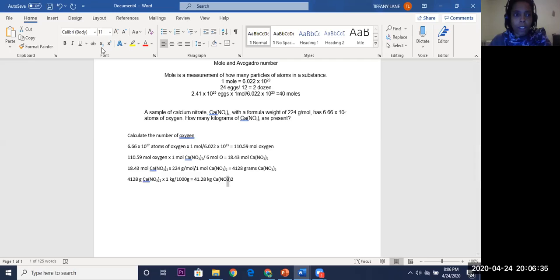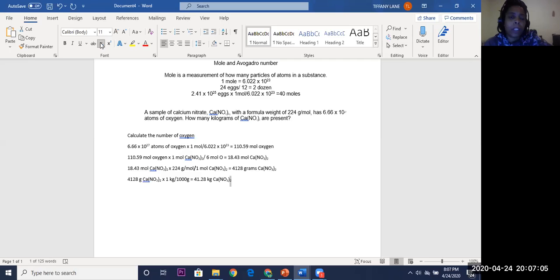There you have it, my wonderful family. So to recap, we were given a problem that says a sample of calcium nitrate with a formula weight of 224 grams per mole has 6.66 times 10 to the 23rd atoms of oxygen.